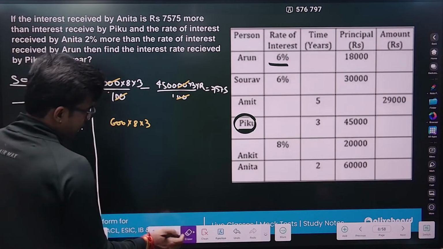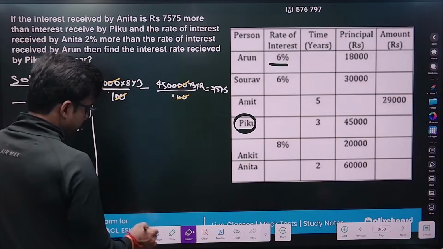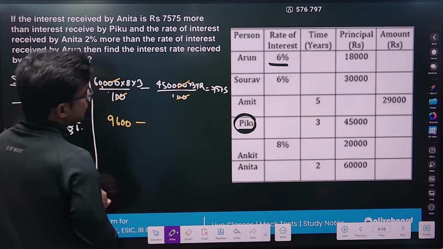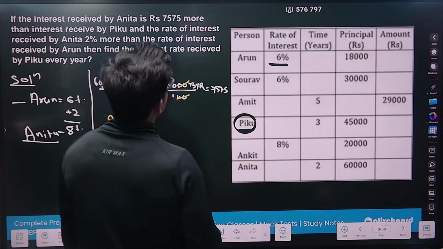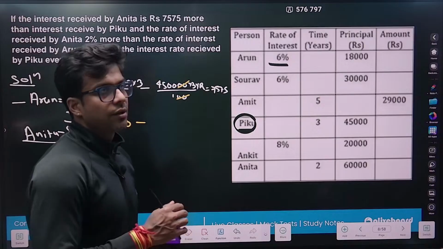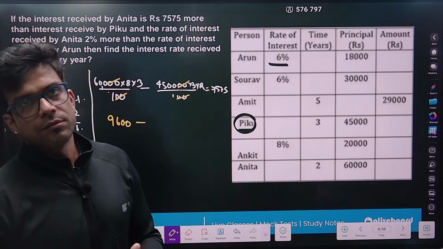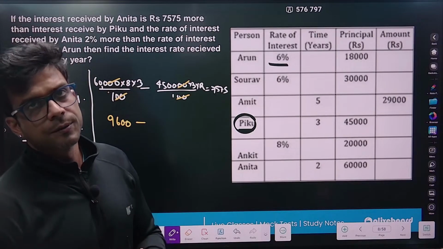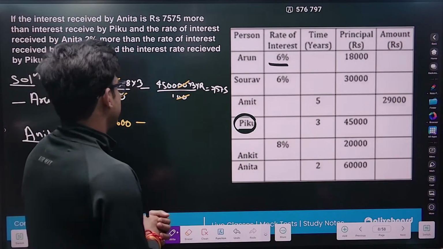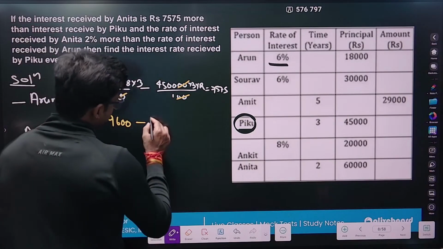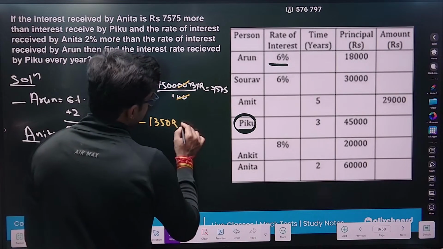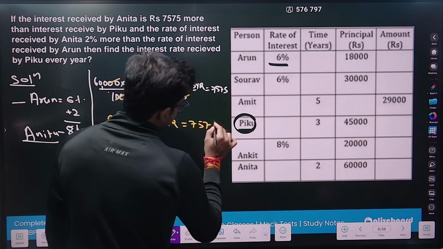So this will become 9600 minus 45 into R. This will become 1350 into R, which is equal to 7575, correct?